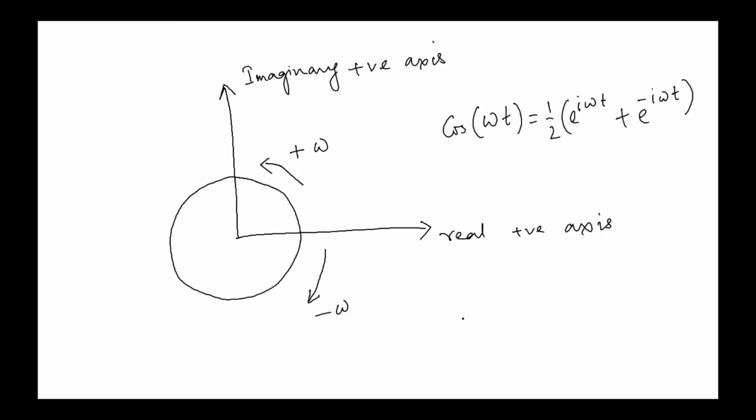Here we have taken cos st as half of e power ist plus e power minus ist, which gives rise to the interpretation that cos st comprises both positive and negative frequencies. Physically, the frequency is positive because frequency is the number of events per unit time.